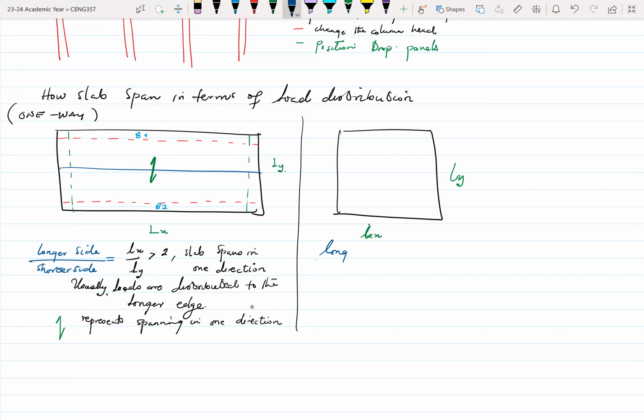So assuming your LX is your longer side, your LY is your shorter side. If this is less than or equal to 2, then we see that the slab spans in two directions.